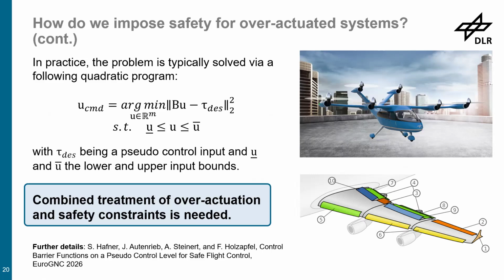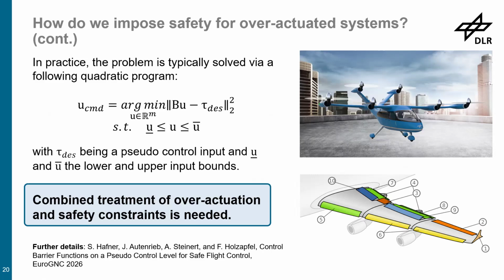If you neglect your input constraints and make this an equality constraint here, you get something called the Moore-Penrose pseudo-inverse. But this is the formulation that respects your input constraints.